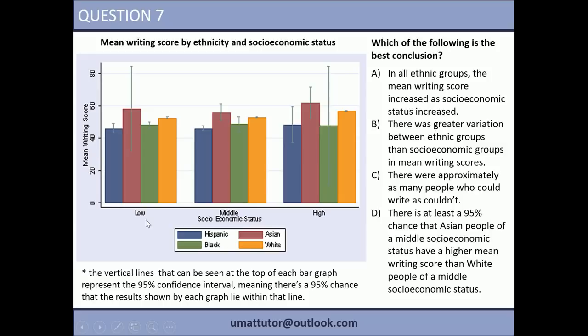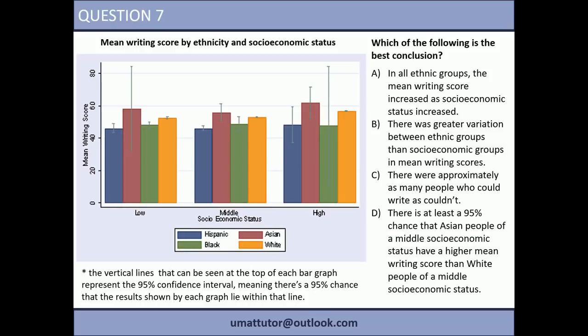The only other trick here really is the vertical lines you can see on top of each bar graph. And as it says at the bottom here, they represent the 95% confidence interval, which is a concept we went through in the previous video. And all it means is there's a 95% chance that the results shown by each bar graph lie within that line.